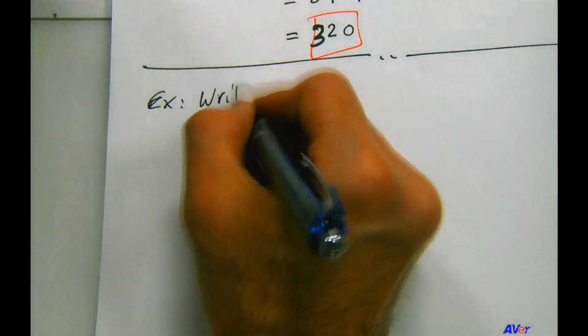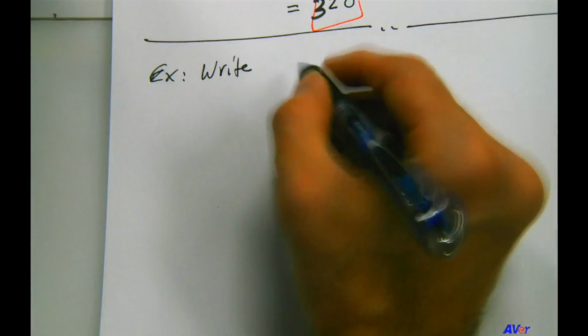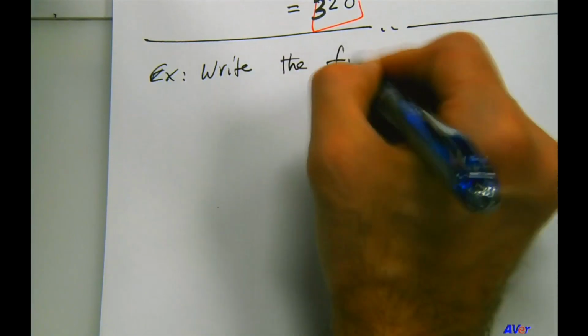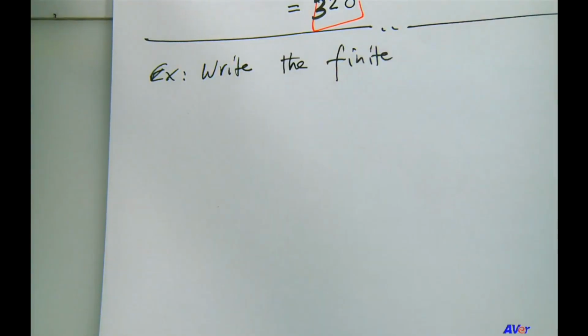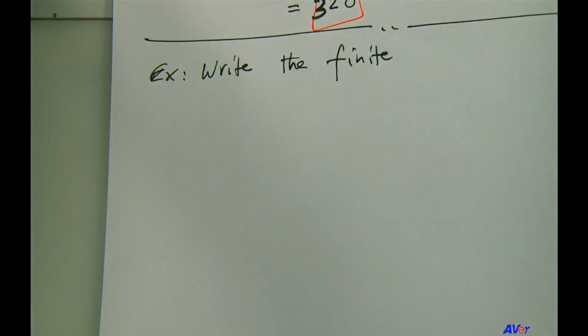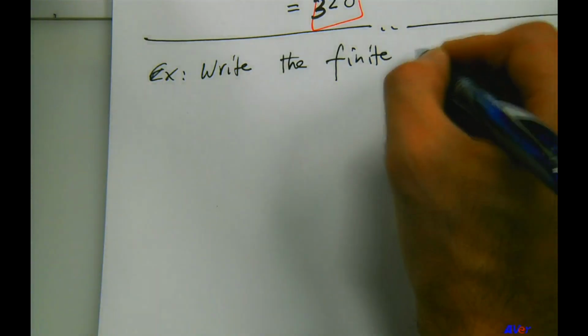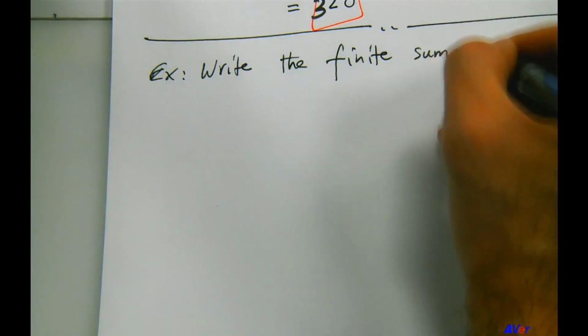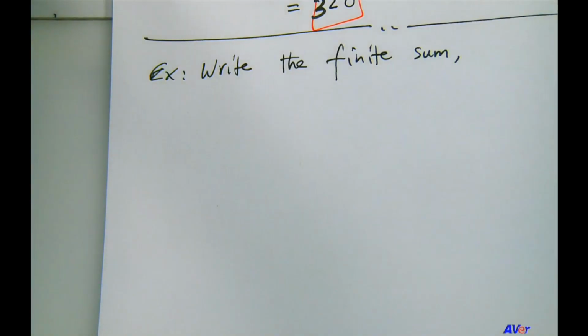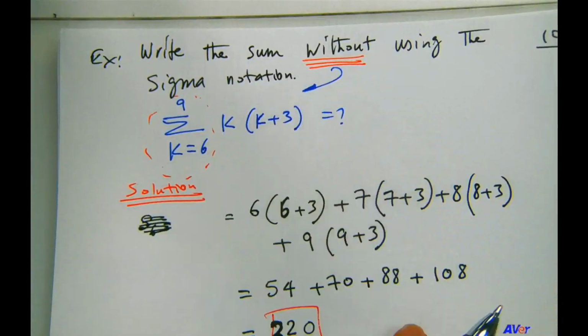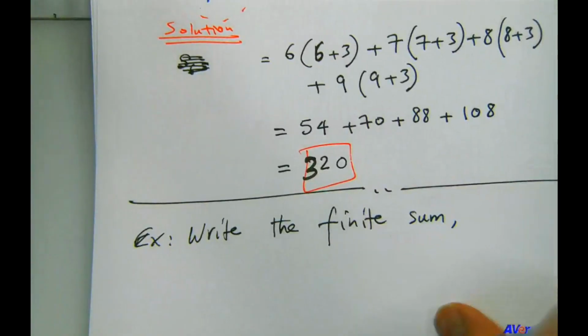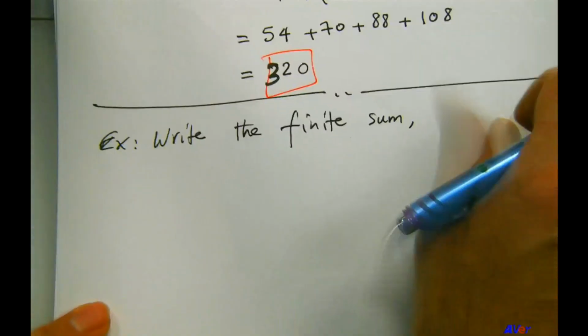Remember we had finite and infinite sequences. We also have finite and infinite series or sums. So this one says write the finite sum using sigma notation, because the previous one said without the sigma notation. This time we want to do it using the sigma notation.